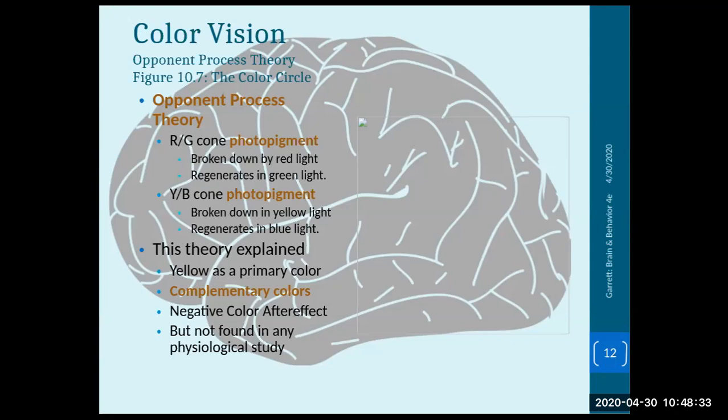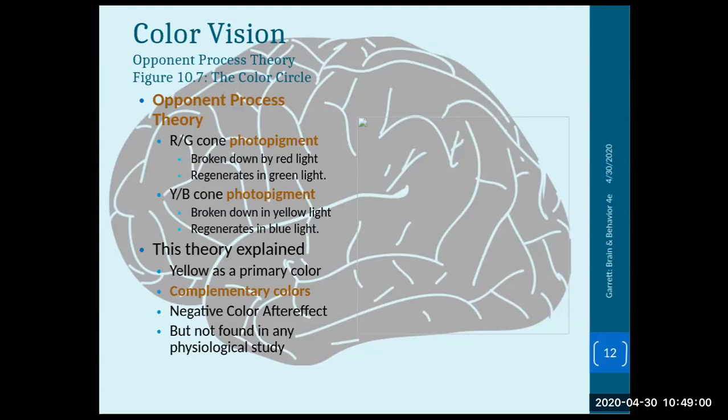And what he said was the ganglion cells interpret this in an opponent process fashion, so that the red and green cone photopigment that is sent to the ganglion cell is broken down by red light and regenerates in green light. So in this case, red and green are opposite effects. We also have the same thing for yellow and blue.